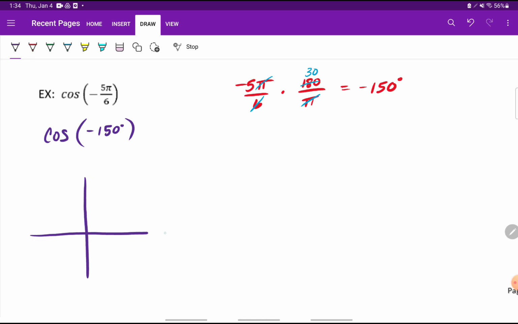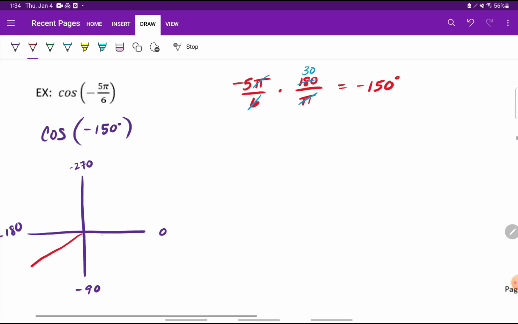Since our angle measure is negative, we're going to be going in a clockwise rotation from our positive x-axis. So negative 150 is going to be here. We're going to drop a perpendicular to the x-axis, creating a right triangle, and then we want to find the reference angle. We're only 30 degrees shy of 180, so that's got to be the 30-degree angle.